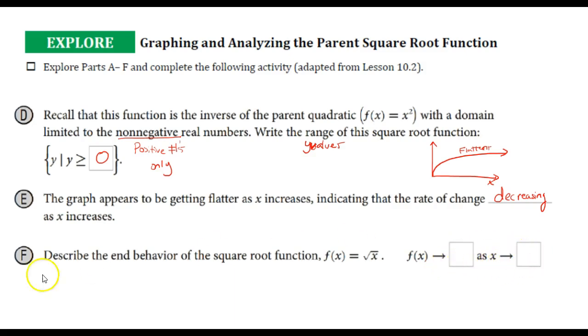What that means is as f of x, which is our y value, becomes greater, or goes up infinitely, and there's a fancy way we can write this, the infinity symbol, which is like a sideways 8, as x becomes greater, or I should say infinitely greater.